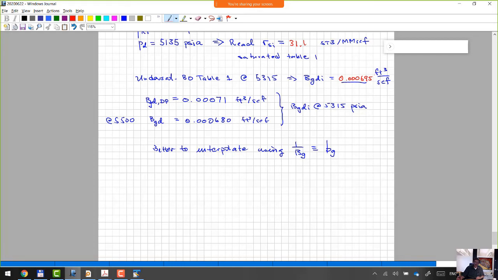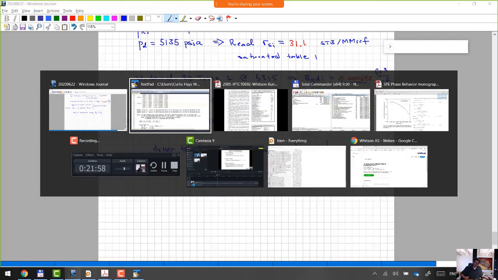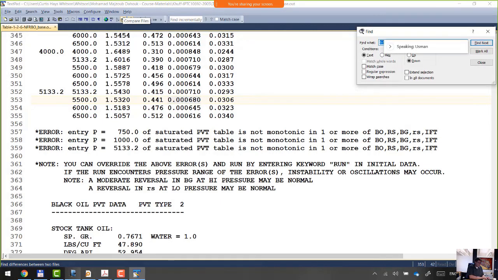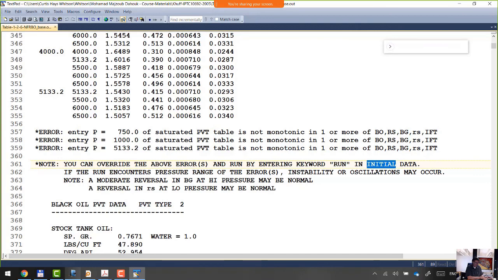Okay. So now we need the hydrocarbon pore volume, and to do that, let's actually see if they give initial. I'm going to search for initial and see. I think it gives maybe the hydrocarbon pore volume.